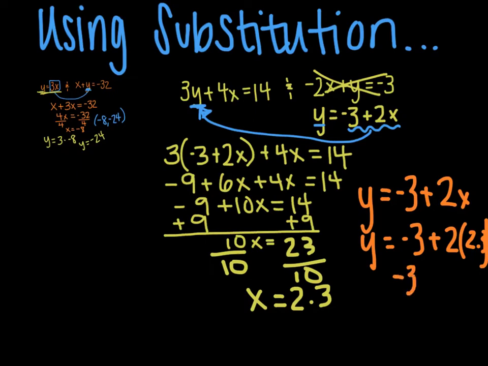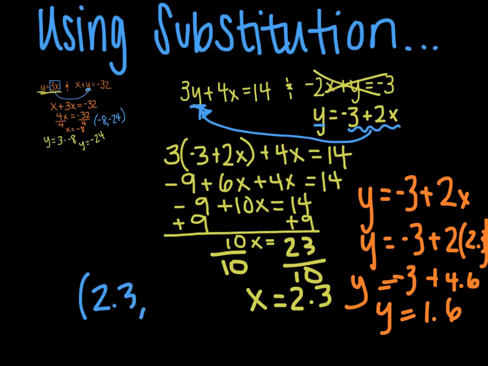Negative 3 plus 4.6 equals y. So y equals 1.6. That means my final answer as a coordinate point would be 2.3, 1.6.